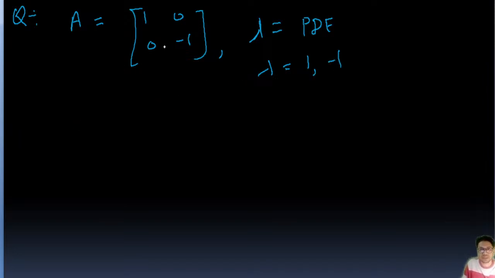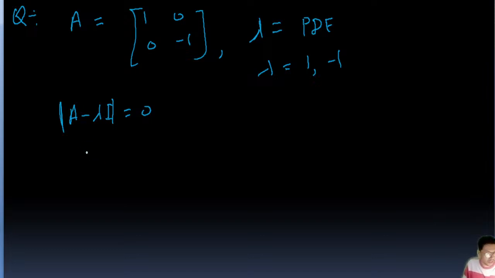We can also find them from the characteristic equation: determinant of A minus lambda I equal to 0.